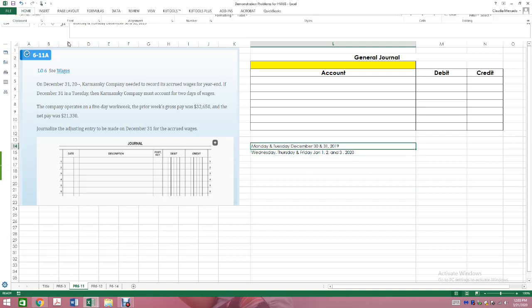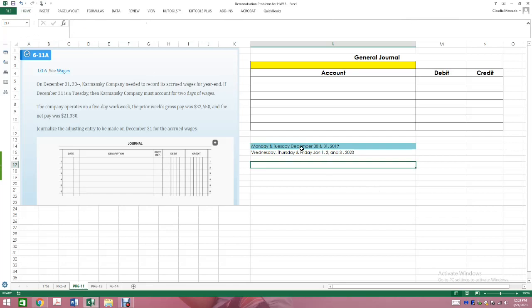We need to make sure that we account for the expense for wages for those 2 days that were actually earned, and those wages were actually earned in the year 2019. Even if we pay them in the year 2020, we need to make an accrual because those wages were actually earned in the year 2019. Okay. So we need to figure out how much we are going to accrue for those Monday and Tuesday, those 2 days in the year 2019.